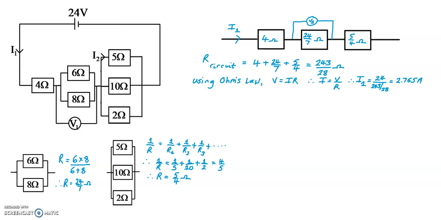So applying Ohm's law, we have V1 equals I1 times R. So that's going to give us the current I1 times the middle resistor, which is 24/7 ohms, and that gives a voltage of 9.48 volts.